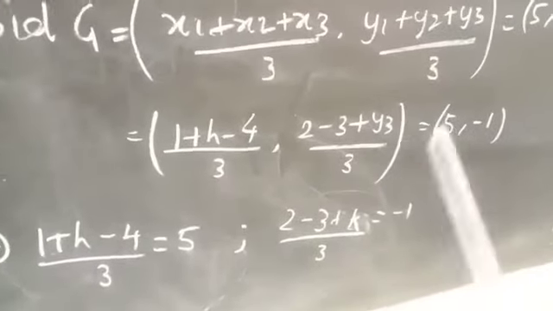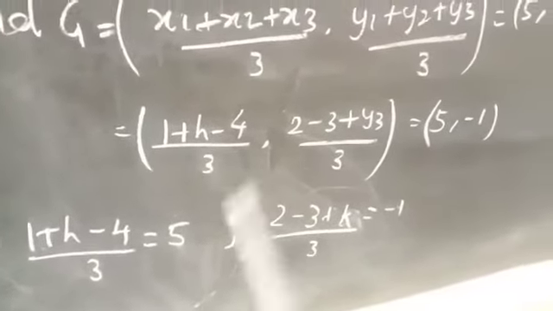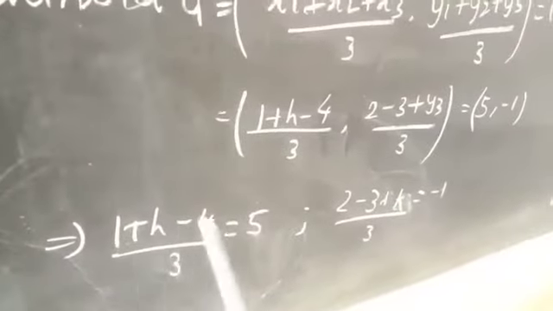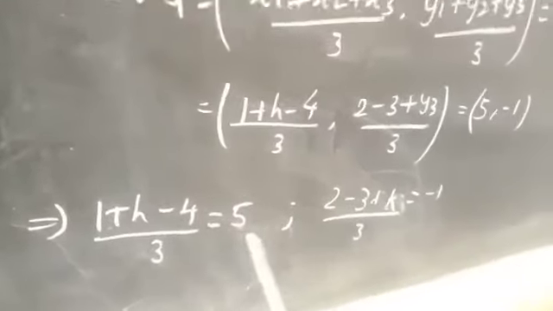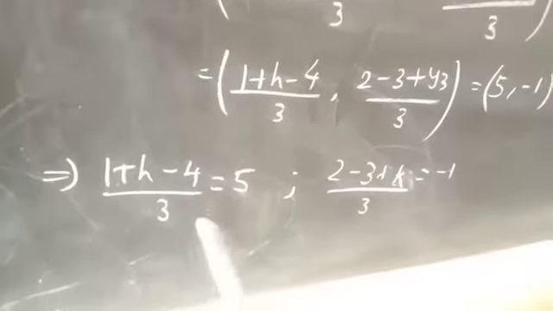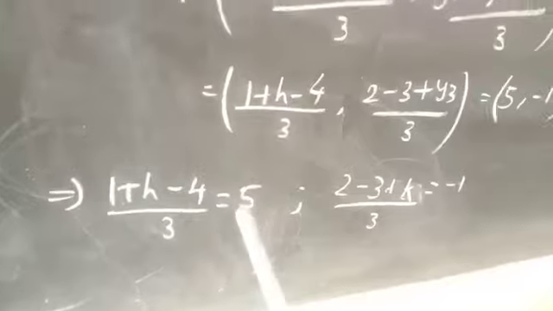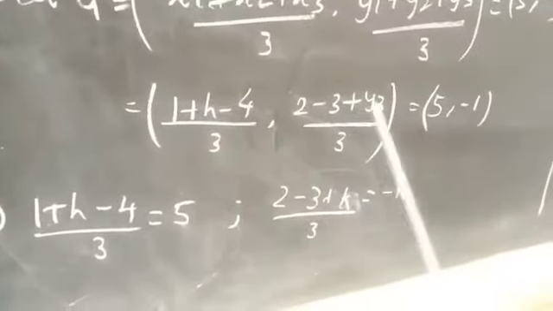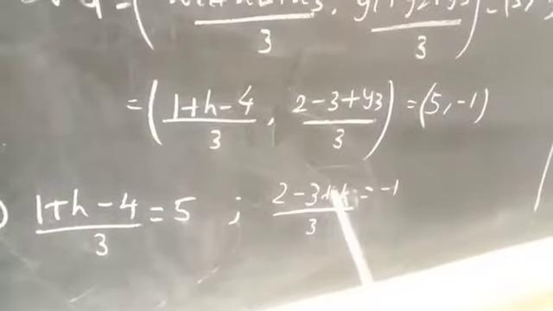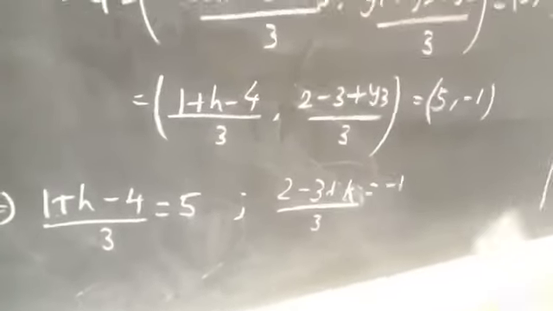So we compare the x point and y point. Then 1 plus h minus 4 divided by 3 is equal to 5, and 2 minus 3 plus k divided by 3 is equal to -1.